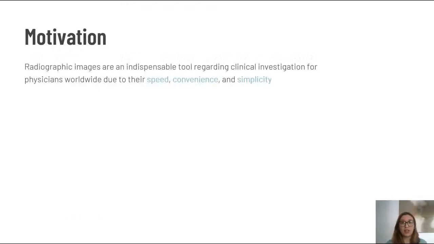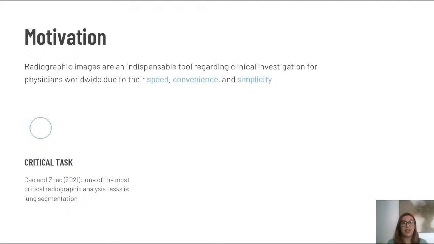And the reason why that's important: first of all, radiographic images are an indispensable tool for clinical investigation for physicians worldwide due to their speed, convenience, and simplicity. As Cal and Zell point out, one of the most critical radiographic analysis tasks is lung segmentation.